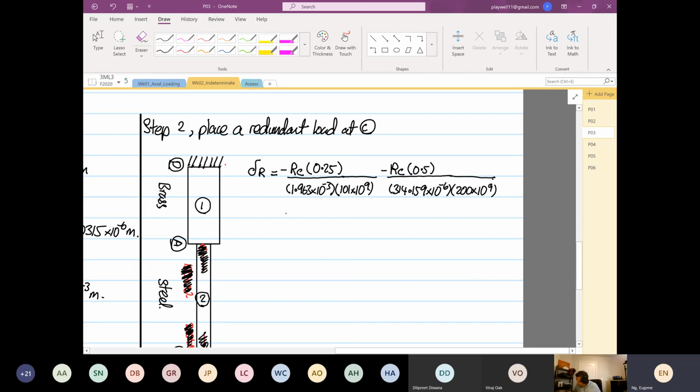And then again minus by the same thing. I can put twice, but I'm not going to do that. So this is for section 1, section 2, and this is for section 3.